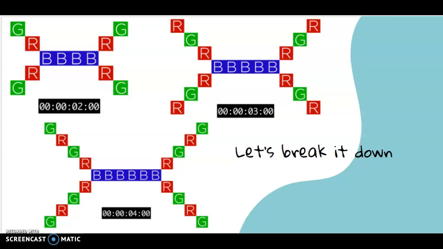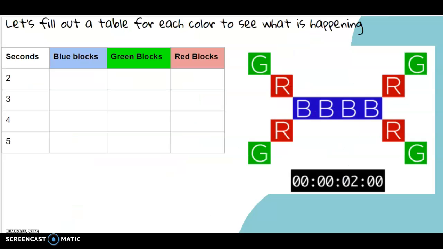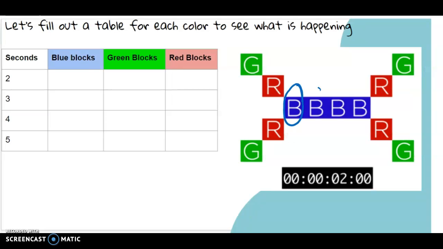So now that you have paused the video, we're actually going to create a table. So here's my table. We're going to fill it out by color. At 2 seconds, how many blue blocks did I have? Well, I had 1, 2, 3, 4.